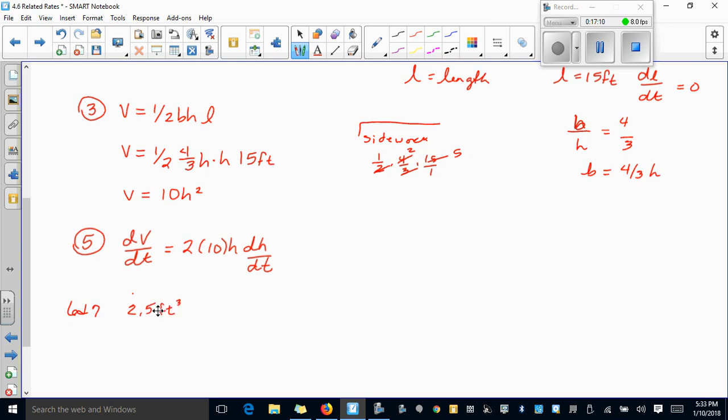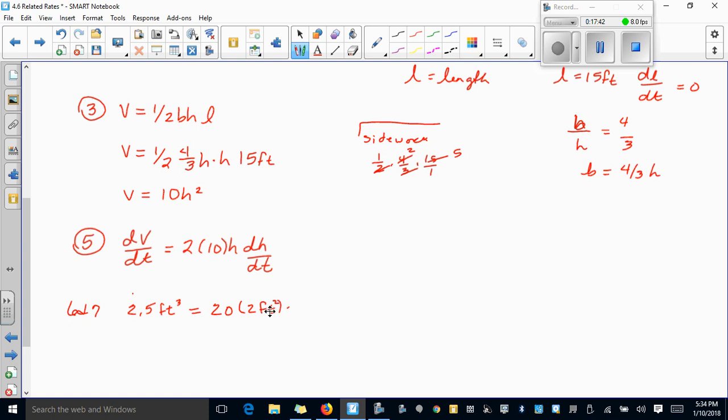So I'm going to go ahead and square this, because this guy had feet on it, 2 times 20, this gave me feet as well. So feet times feet gives me feet squared. dh dt. So we are at 2.5 cubic feet per minute equals 40 feet squared dh dt.